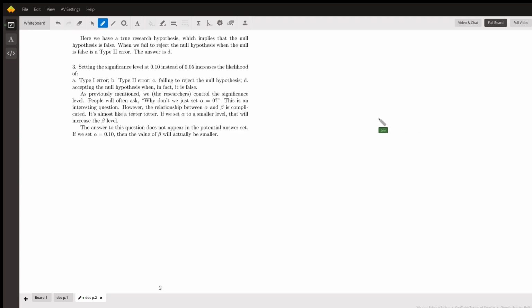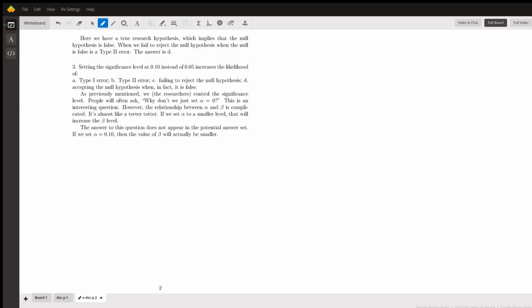All right, now, question C, setting the significance level at alpha equal 0.10 instead of 0.05 increases the likelihood of type 1 error, type 2 error, failing to reject the null, and accepting the null hypothesis, in fact, when it is false.